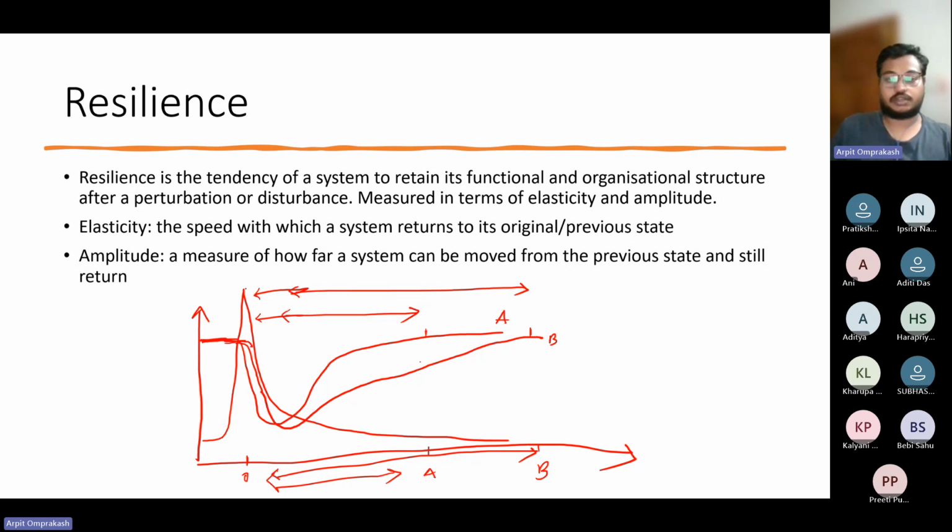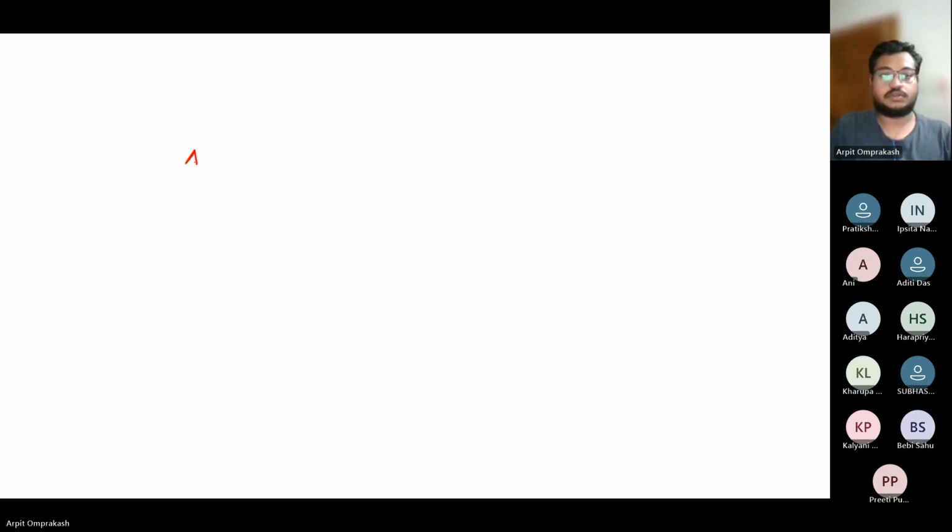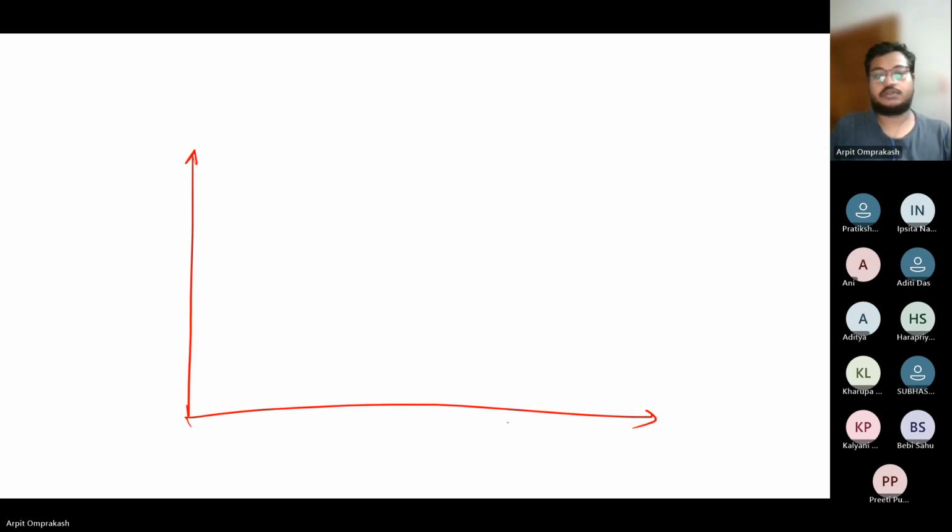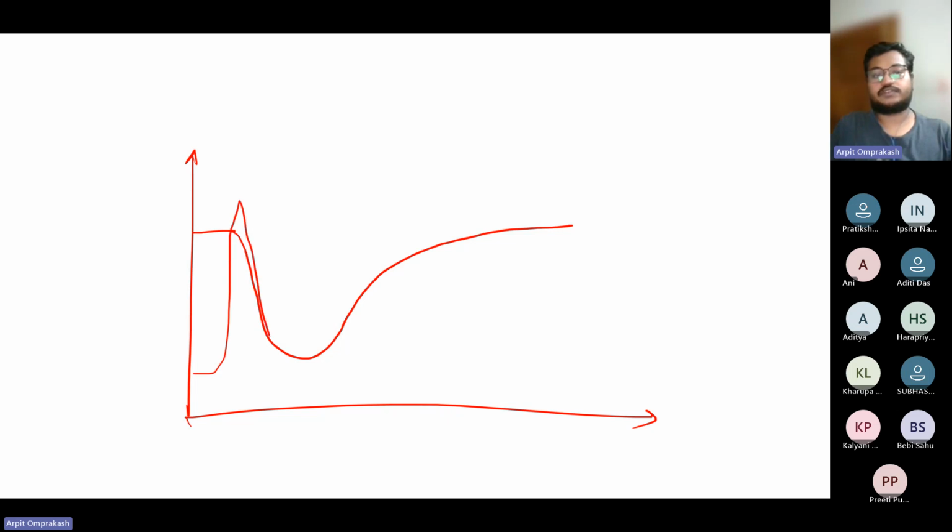to the same state. So let's say now we have another system. Basically, initially we had this much amount of disturbance, and so it came back to normal, just this.